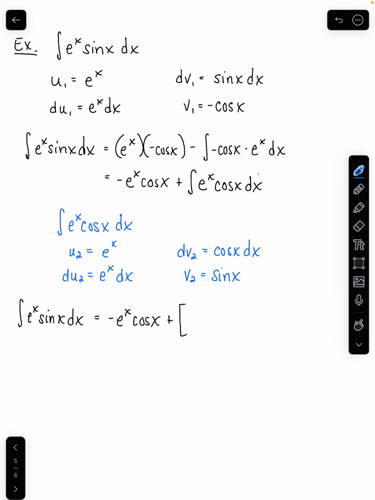the second integration by parts run through, u sub 2 times v sub 2 minus the integral of v sub 2 times du sub 2.